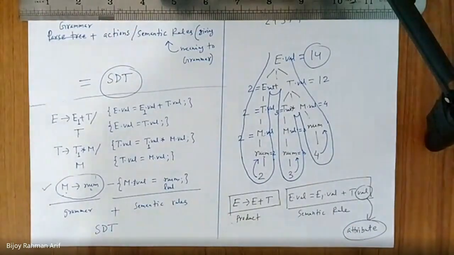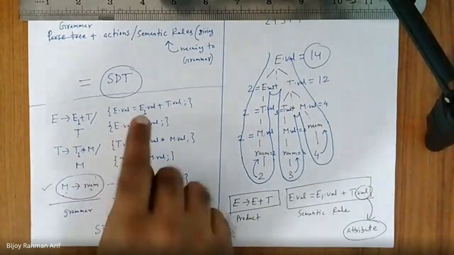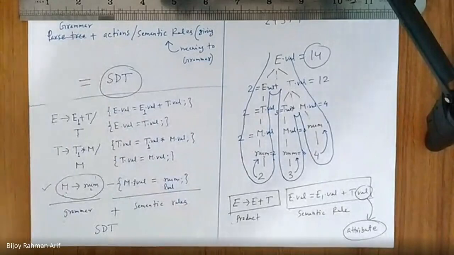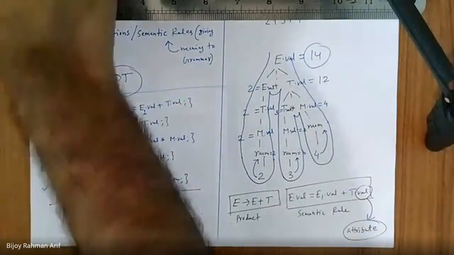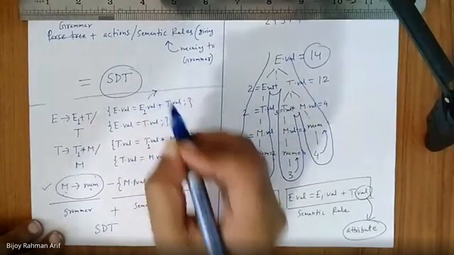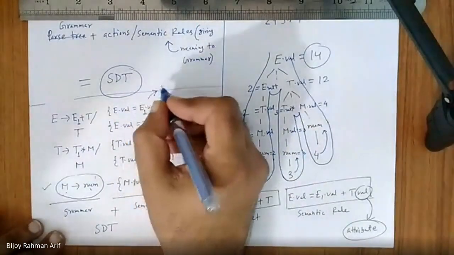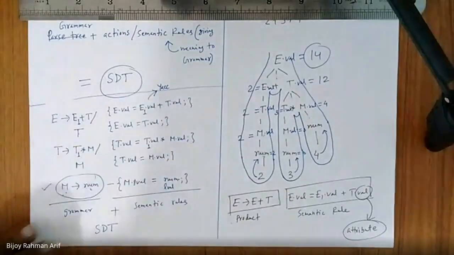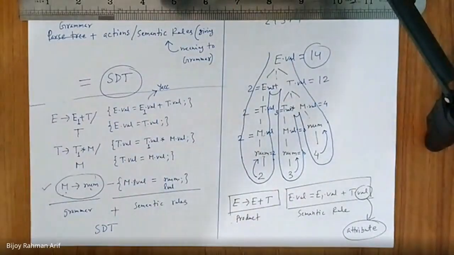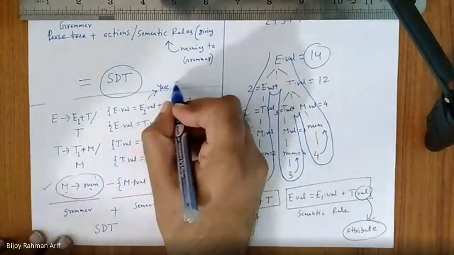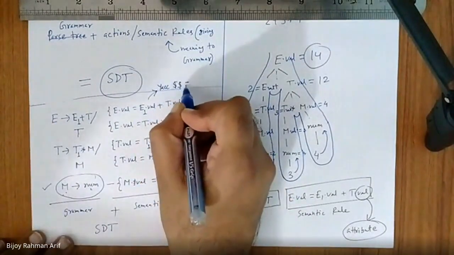Now, if you are careful enough, this is actually the formal way of writing SDT. But in the case of YACC, how should I write this action? In YACC, how can I write this action? The left hand side attribute is nothing but $$. Then you have to count the position.